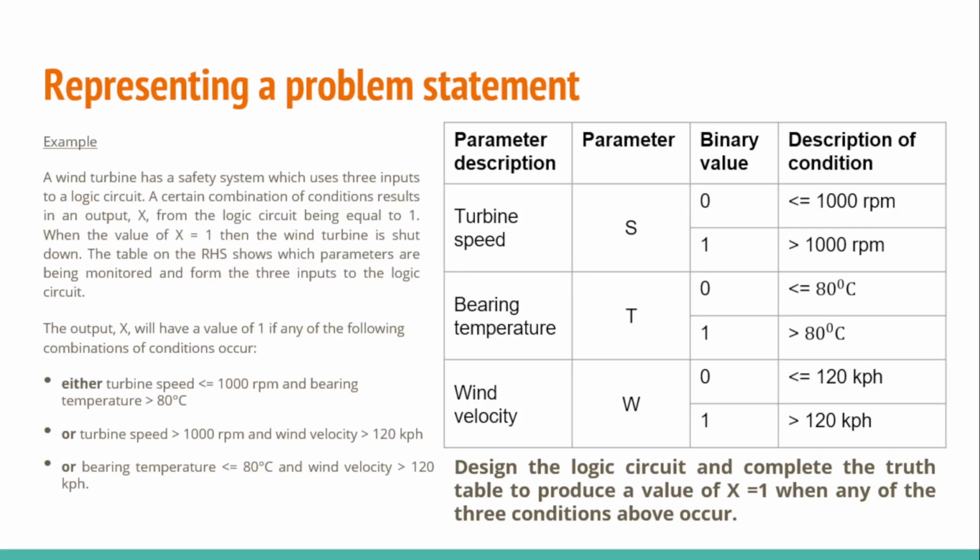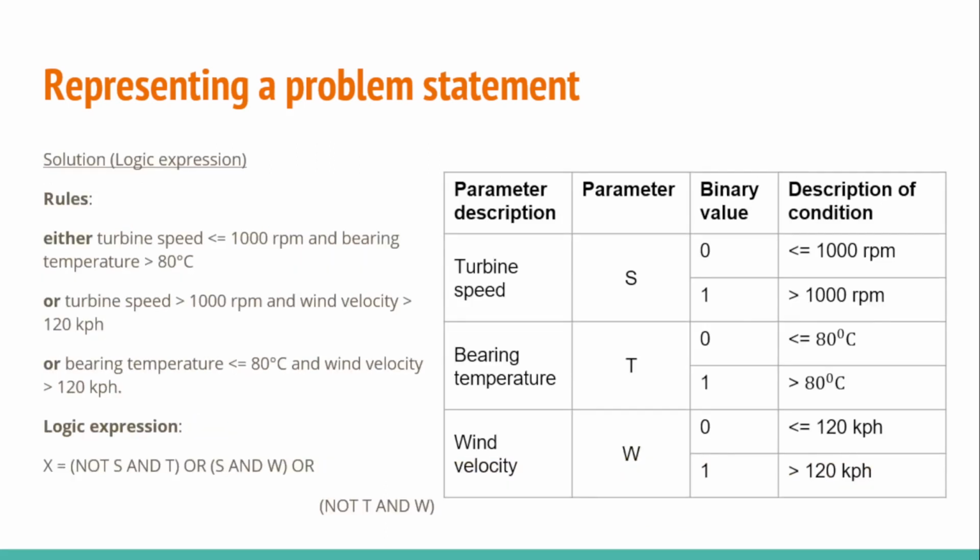T is 0 when it is less than or equal to 80 degrees Celsius, and 1 when it is greater than 80 degrees Celsius. W is 0 when it's less than or equal to 120 kph, and 1 when it is greater than 120 kph. With this in mind, let's move on.